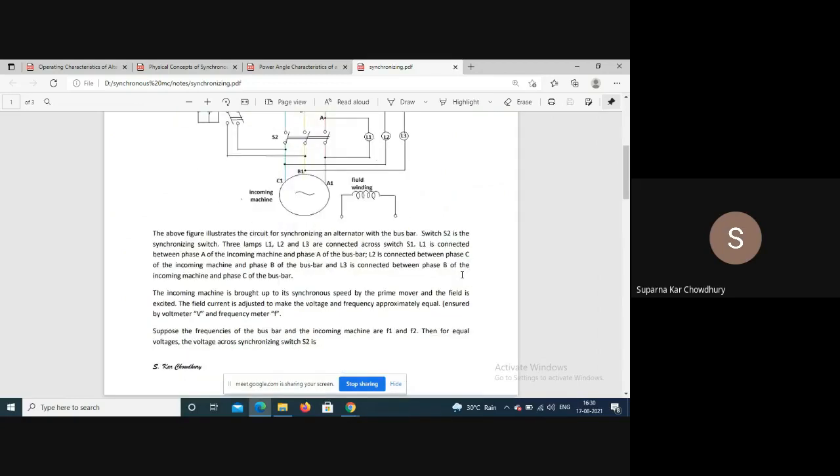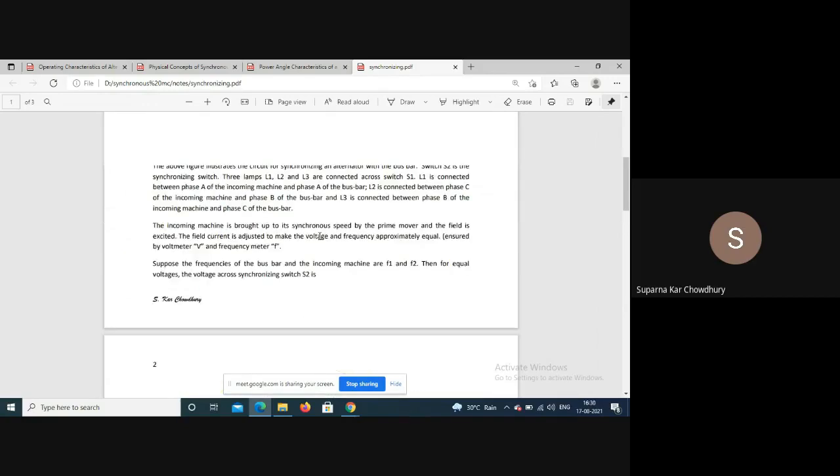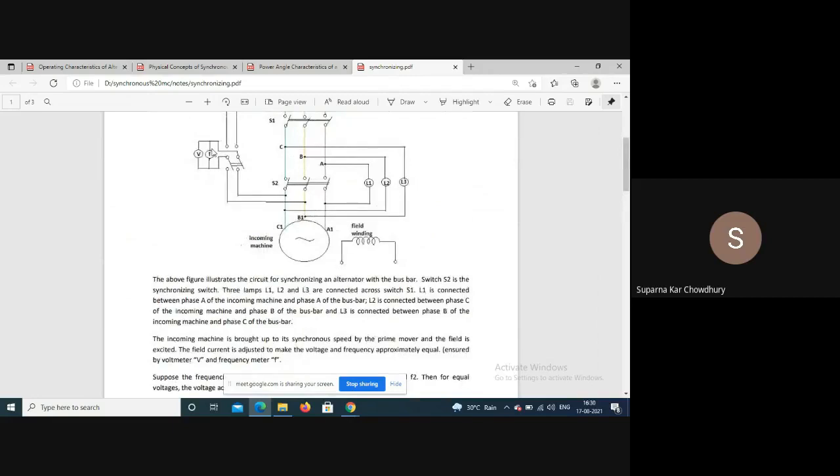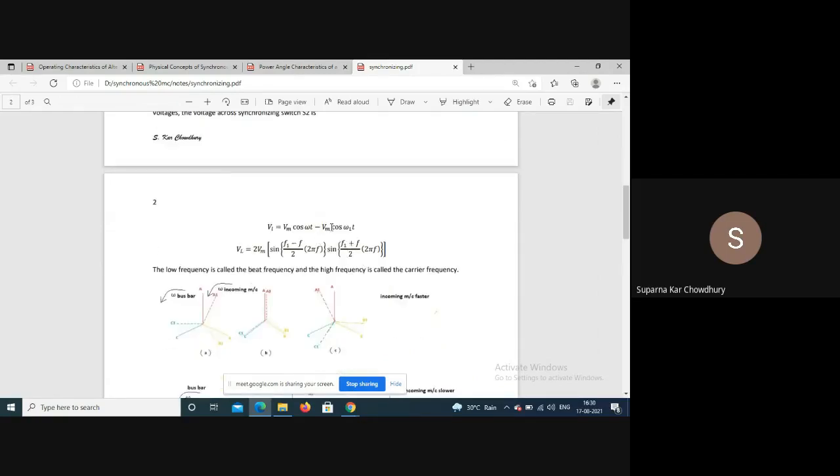Now, what happens? Say the frequency of the bus bar and the machine is slightly different. The voltages are the same and the frequency is also approximately the same, but say there is a slight difference between the two frequencies.